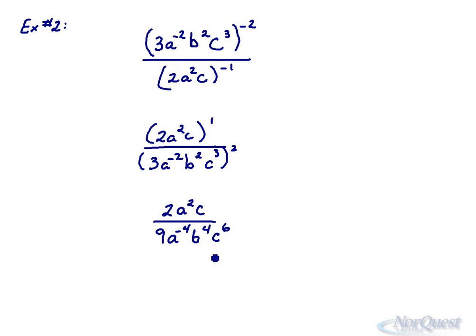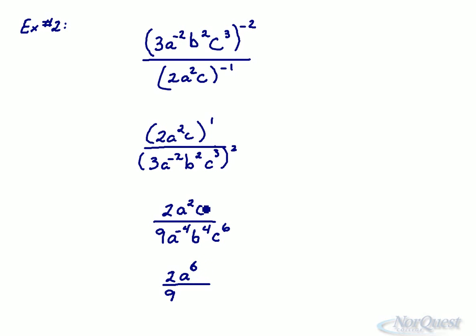And again, when we finish this off, you will subtract exponents when you divide, so we'll be left here with 2/9. And we got a squared minus a negative 4, so add 4, so that'll give you a to the 6 on the top.